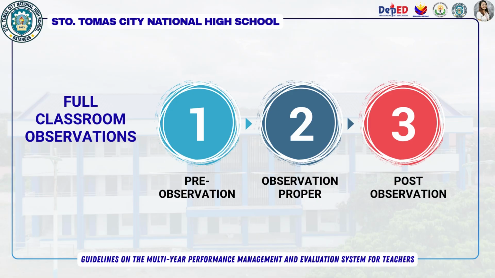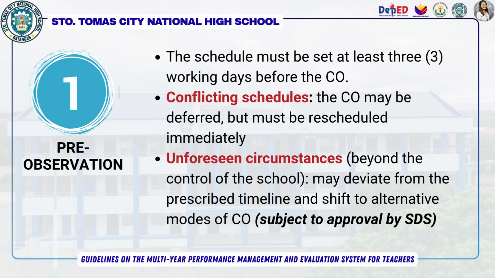Following this process ensures fairness and reliability in our ratings. The first act is the pre-observation. This stage is all about preparation and clarity. The pre-observation must be scheduled at least 3 working days before the actual CO. This gives everyone time to prepare.